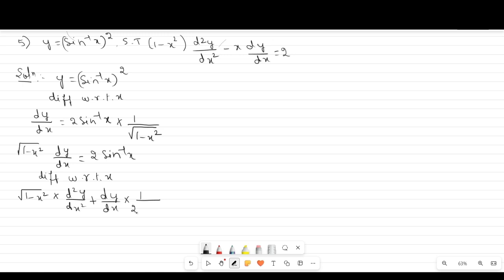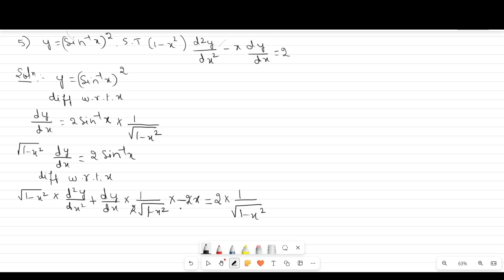That is, 1 by 2 root of 1 minus x square into the derivative of (1 minus x square), which is minus 2x, and the derivative of the 1 minus x square factor... the right hand side we have 2 sine inverse x, whose derivative is 2 into 1 by root of 1 minus x square. So there, 2 gets cancelled.